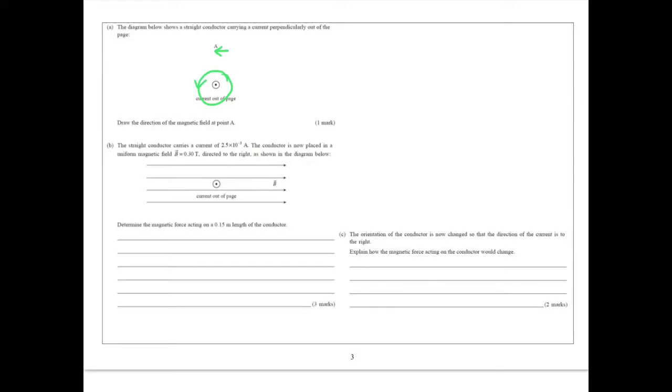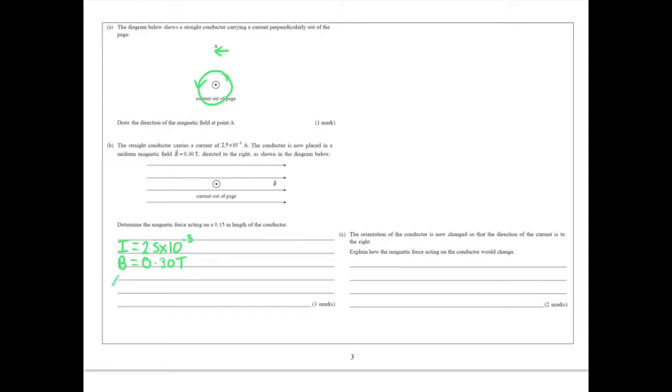Now, I reckon these are pretty simple problems, so I hope you can see this is pretty straightforward. So, what's the information in the question? Well, it's telling us that the current is equal to 2.5 times 10 to the minus 3. The magnetic field strength is equal to 0.30 Tesla.